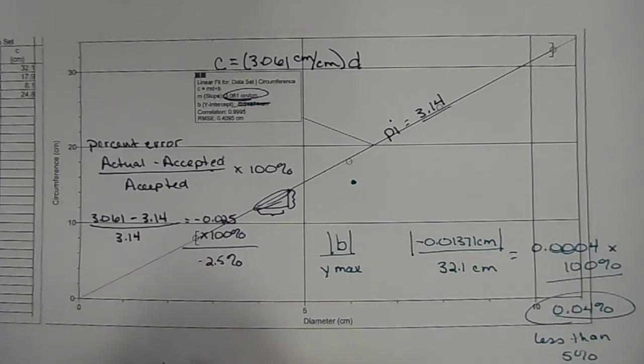Really for this particular lab, since it's your first foray into measuring and it's circles, anything within about 10% is pretty good. So here we've got a couple ways that we kind of look at how good our data is. Are we taking accurate data? We can look at our y-intercept, and we can look at that percent error.